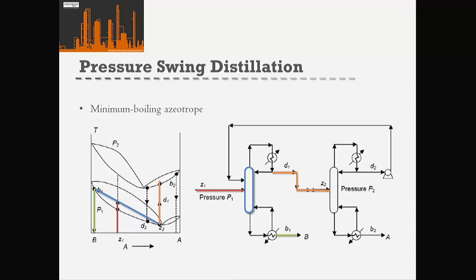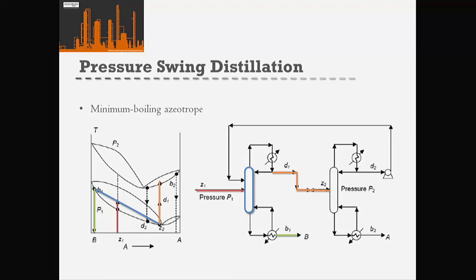So if we now move to our second column at a higher pressure, what we've done is we've moved the composition of our azeotrope. So now what we find ourselves in is we did have products only in this large region of our system, but now we suddenly have a composition that's inside our other region, our smaller region, where we can get essentially a product that's pure A.